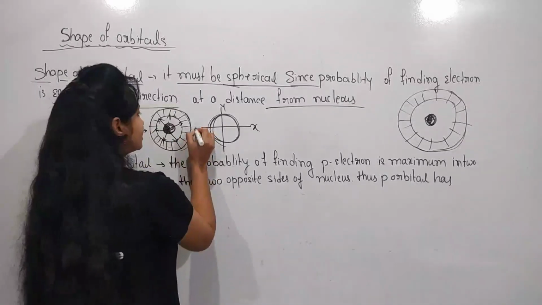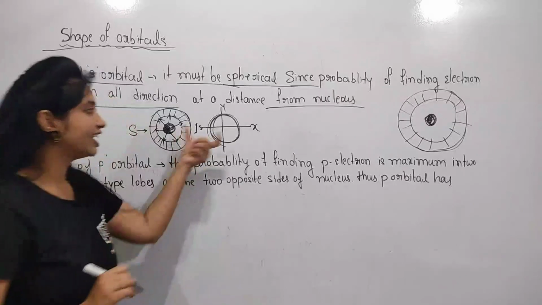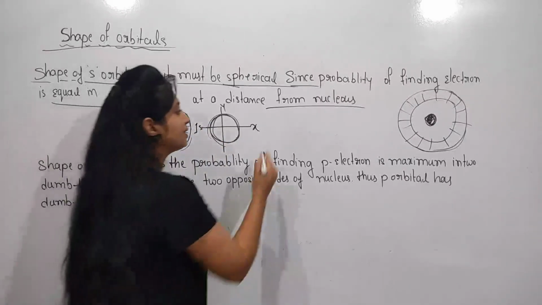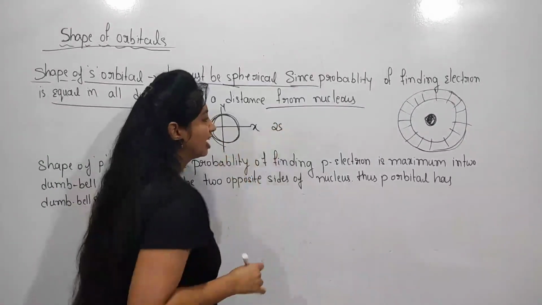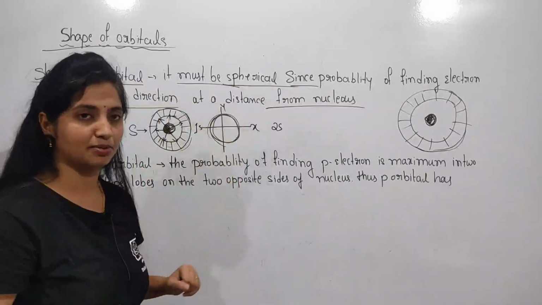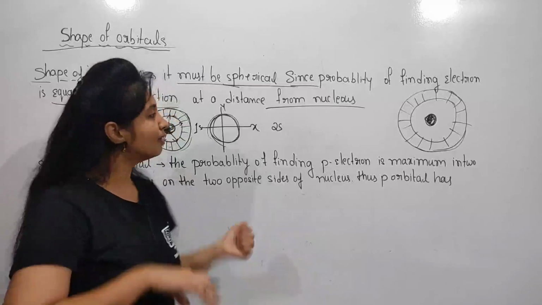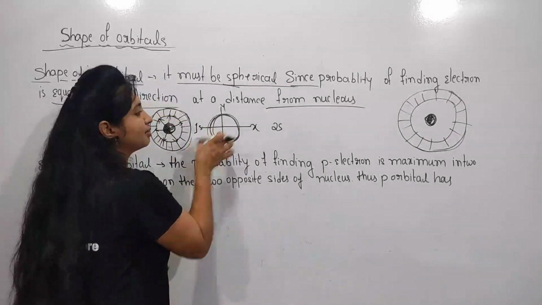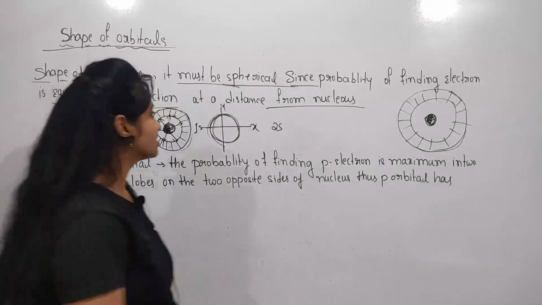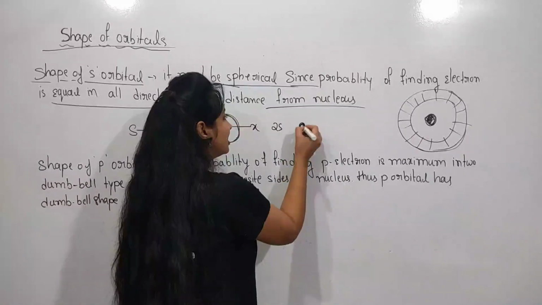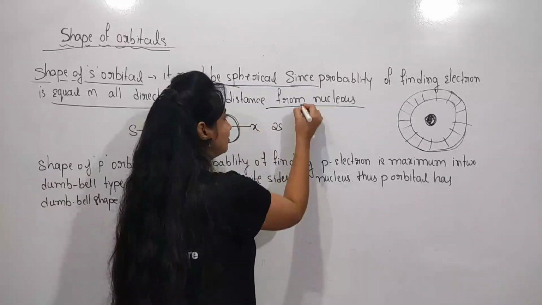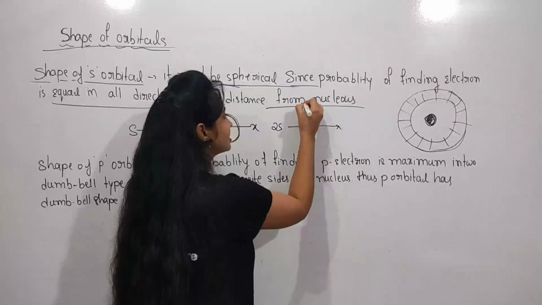Consider this is our 1s orbital. What is the structure of a 2s orbital? The 2s orbital is also spherical in shape, but what is the difference between a 1s orbital and a 2s orbital? Again, this is our nucleus, and we have an x-axis and a y-axis.